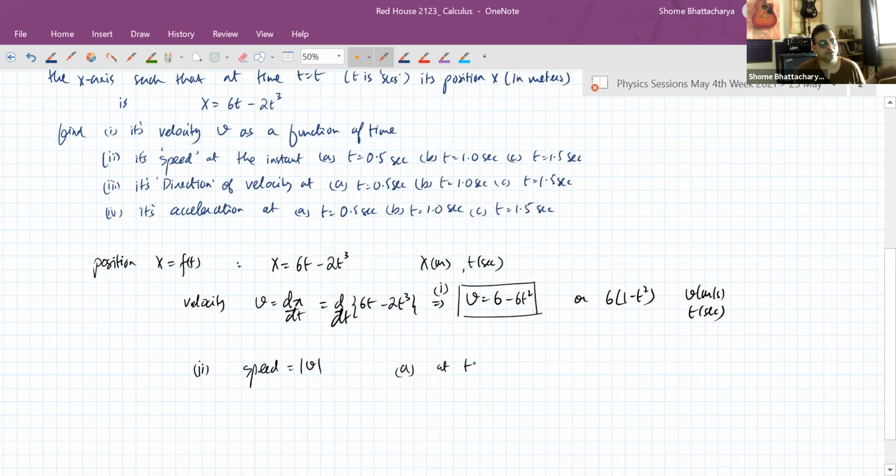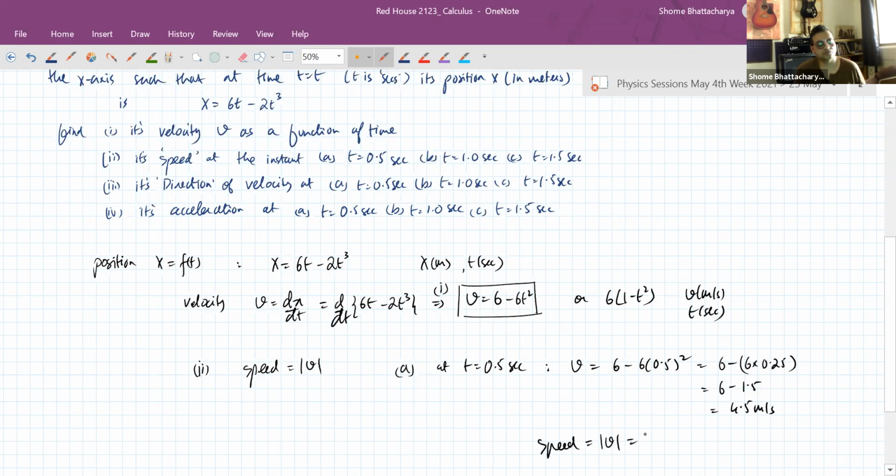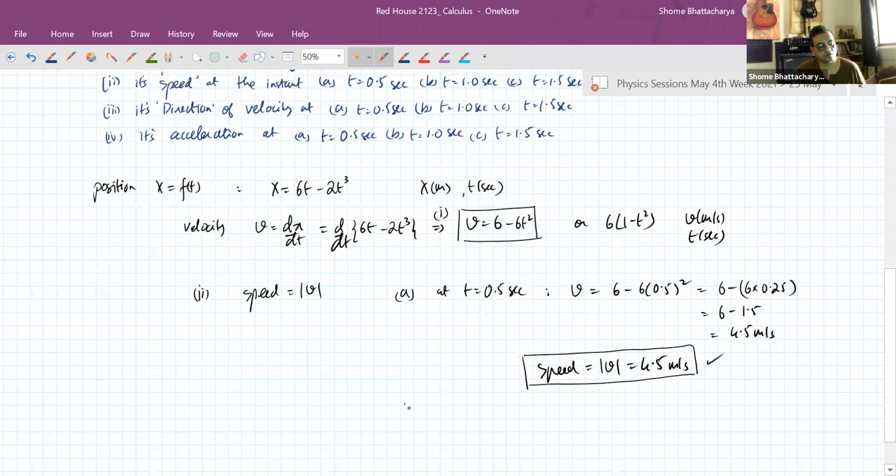So at t equal to 0.5 seconds, we can see that velocity is equal to 6 minus 6 into, so speed, but when we are talking about 1 second, we can see, so speed is 0.